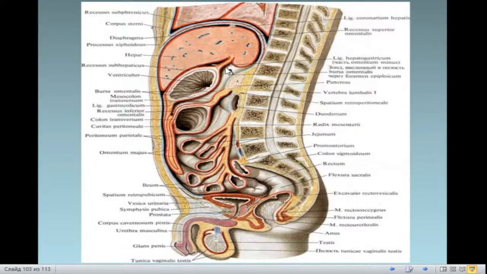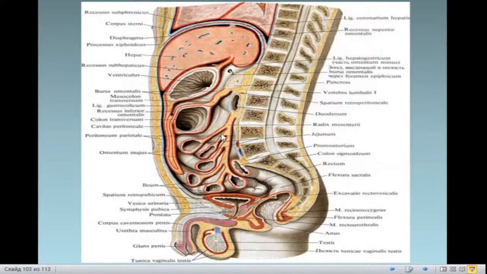The ligaments in between the liver and stomach form the lesser omentum, they're here, and the greater omentum lies just in front of the intestinal loops. Also, peritoneum can suspend the loops of intestine to the posterior abdominal wall, like here, and this is called mesocolon.